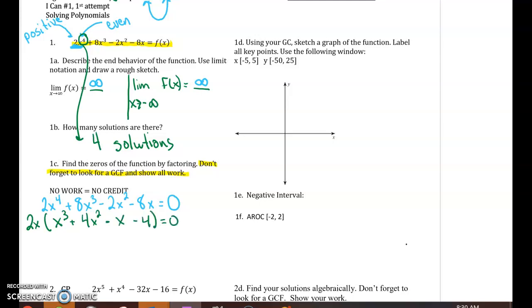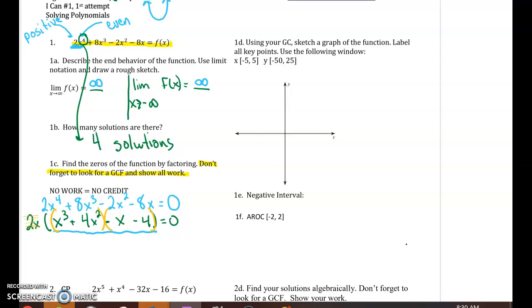From there, what I'm going to do is try to factor what's in the parentheses. Imagine that 2x GCF is not there, and I'll just lightly cross it off for now, because I only want to focus on the 4 terms that are there.